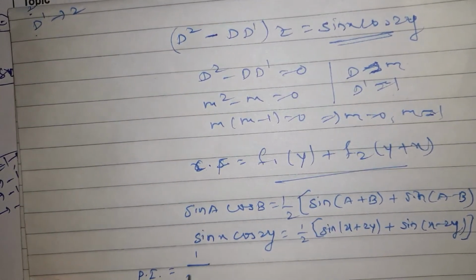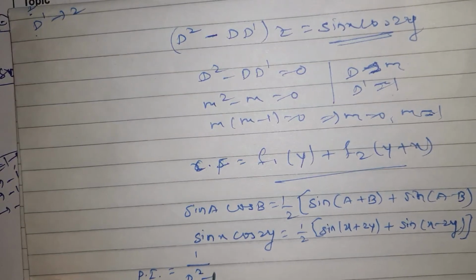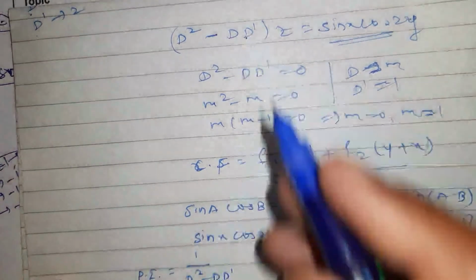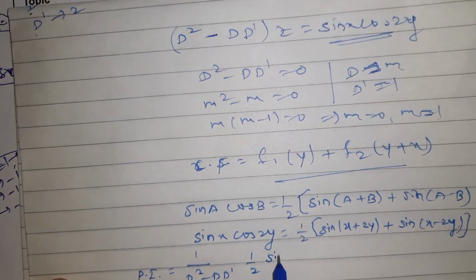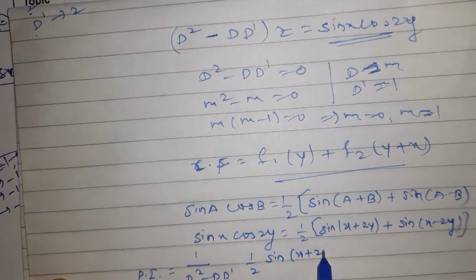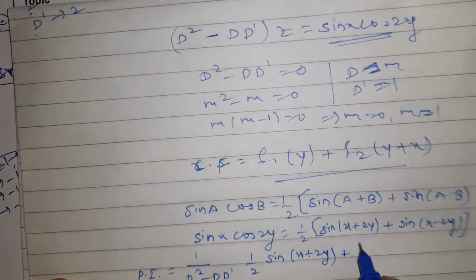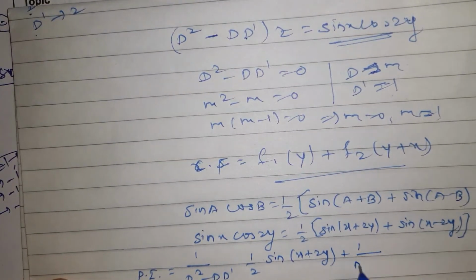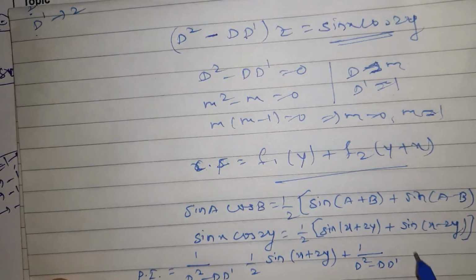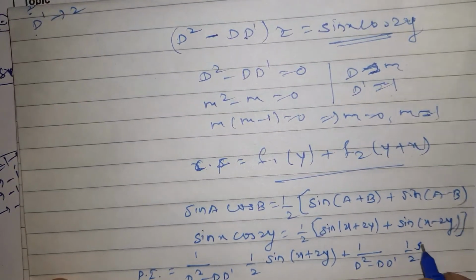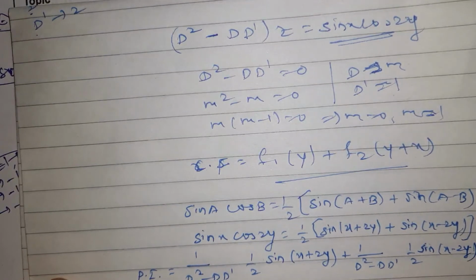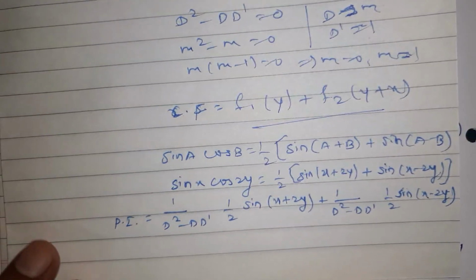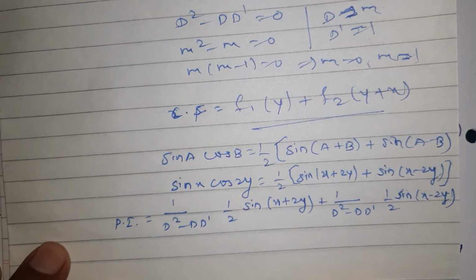Correct? Now apply it. The particular integral is 1/(D² − DD′) applied to 1/2 sin(x + 2y) plus 1/2 times 1/(D² − DD′) applied to sin(x − 2y). Apply on both. Now what is the formula for sine?